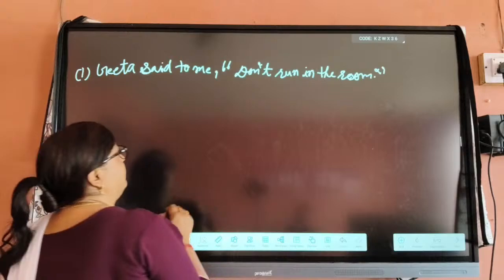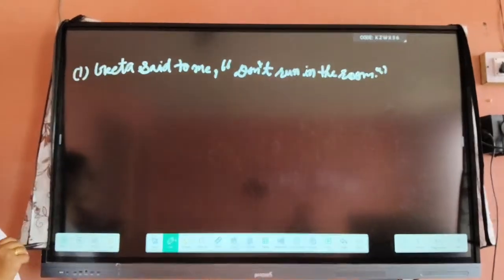Yes. Now, this is also a negative command imperative sentence, and we have "said to". We can change it into "said to" also, but now we will change it into "forbade".